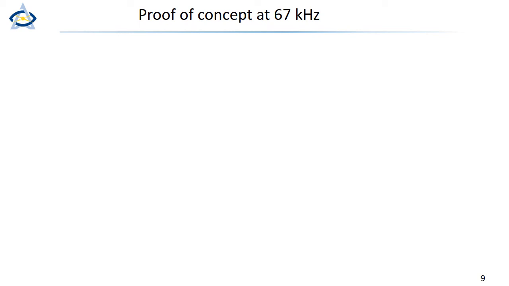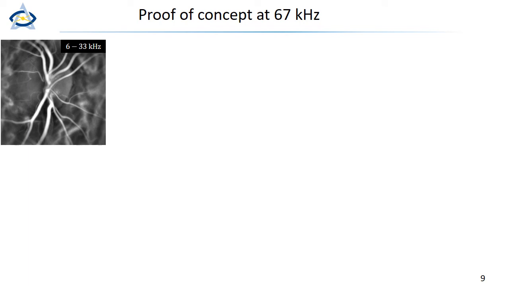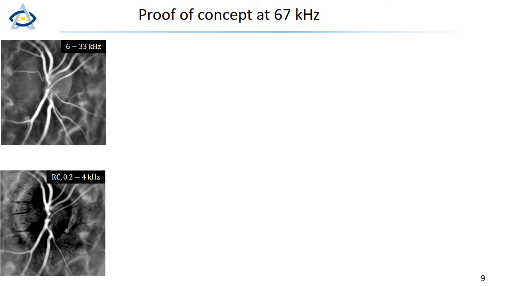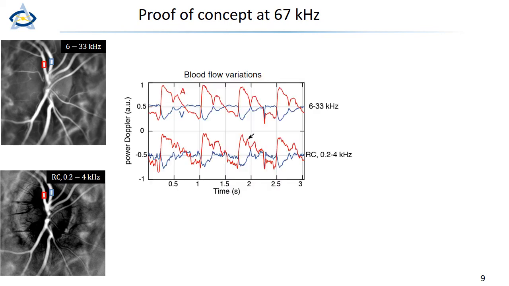So let's make a proof of concept at 67 kHz of this reverse contrast measurement. We take again the 6 to 33 kHz range, and then we take the 0.2 to 4 kHz range, this time in reverse contrast, and we look at the variations of power Doppler for both of these ranges.